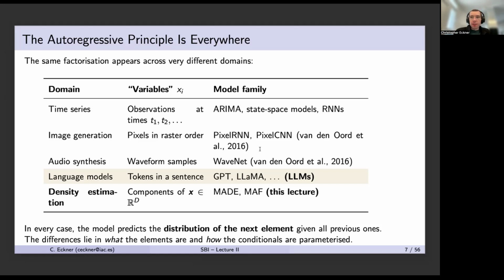This is implemented, for example, with pixel recurrent neural networks or with pixel convolutional neural networks, which is a variation of this. You could also have, in the domain of audio synthesis, waveforms that play a role in this analysis, and WaveNets have been implemented to mimic this feature.